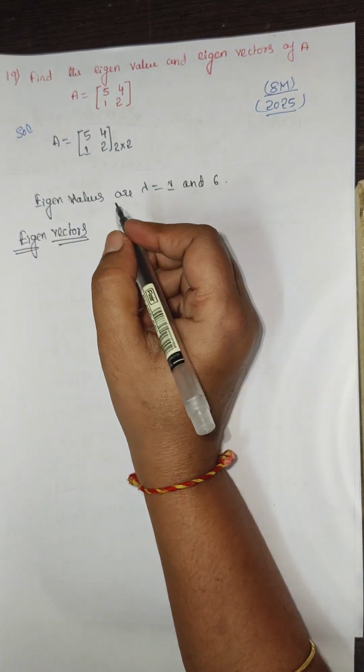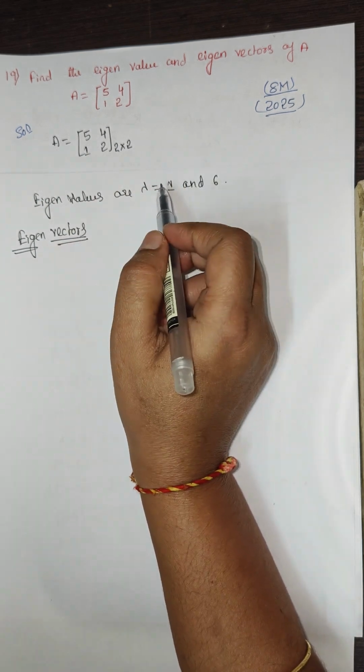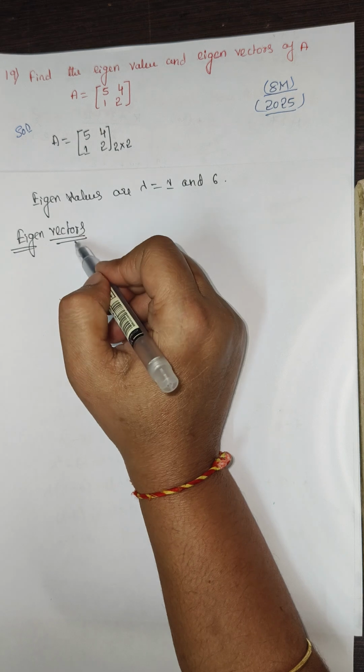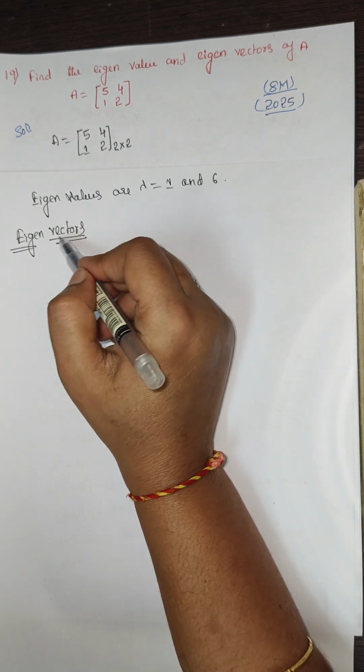Now see here, for finding eigenvectors, compulsorily we need to find the eigenvalues. Without finding the eigenvalues, it is not possible to find the eigenvectors.